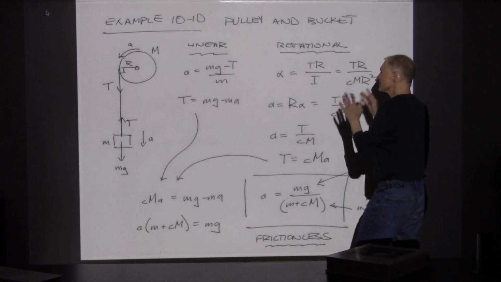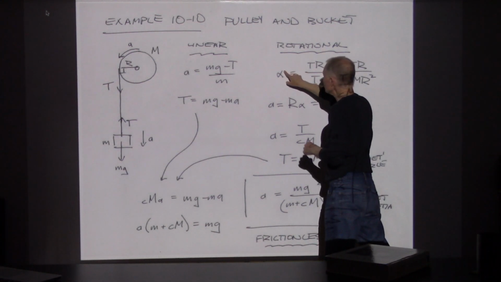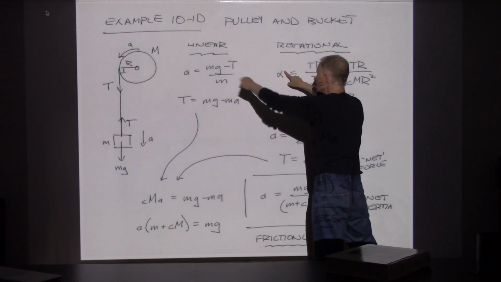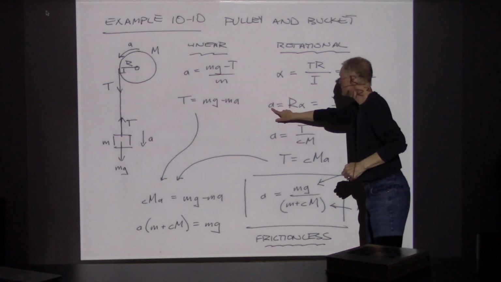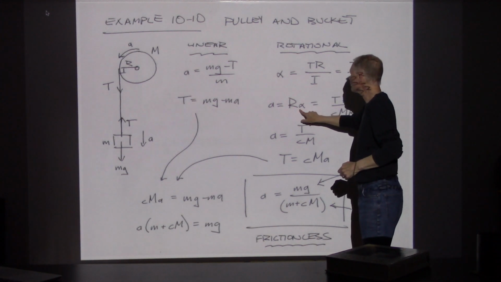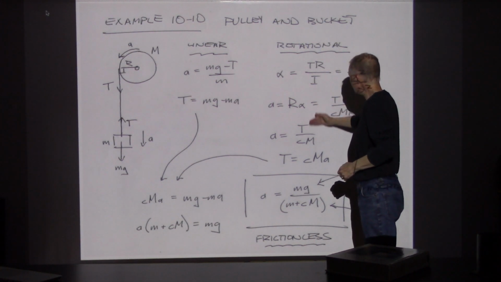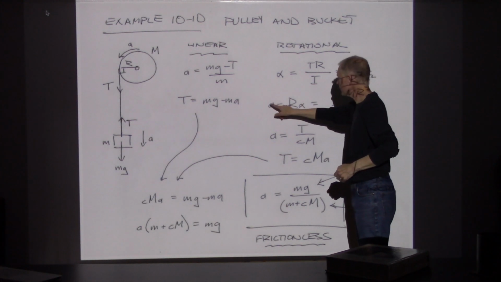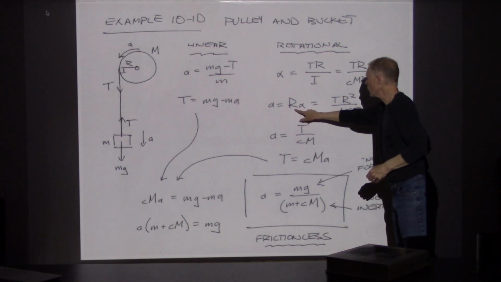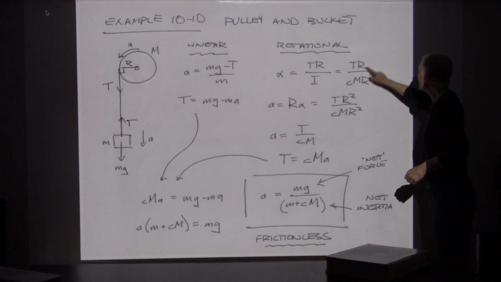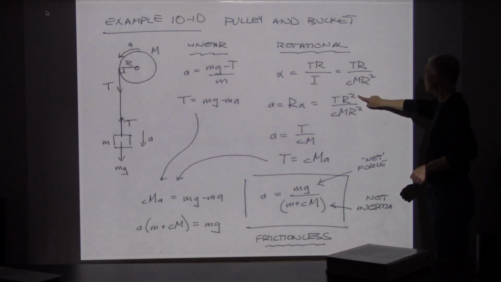Now we said at some point we have to relate the rotational acceleration to the linear acceleration. We said that's not that hard. a is just going to be equal to R times alpha. So for the rotational motion, I can calculate the tangential acceleration as R times alpha, and that brings an extra factor of R in.